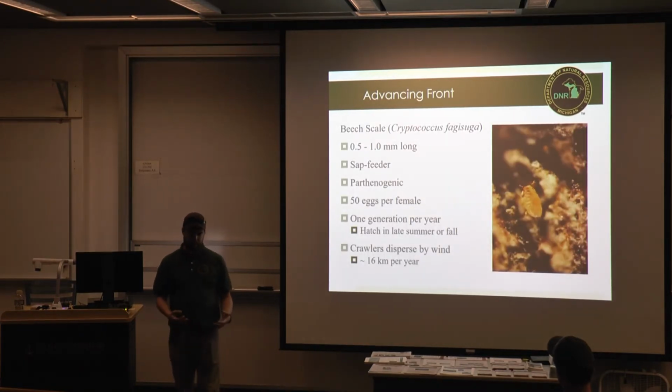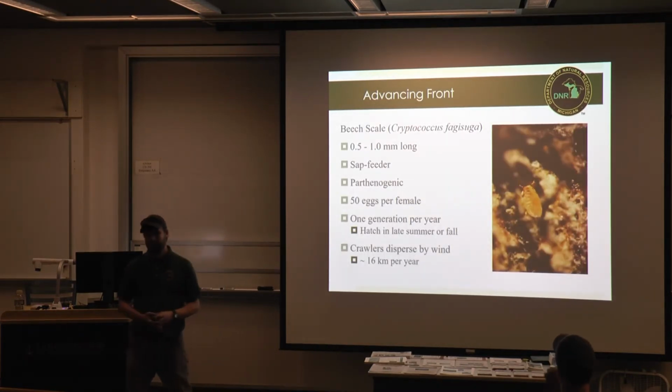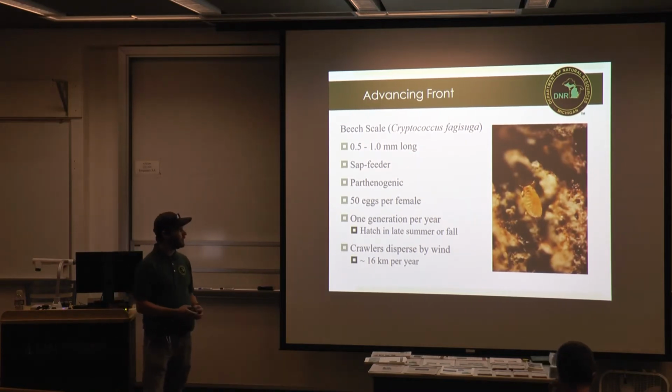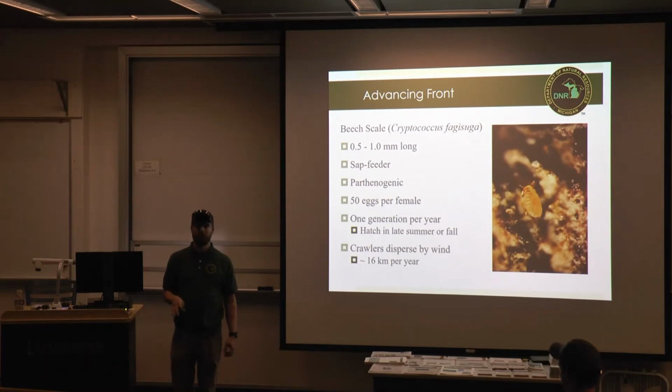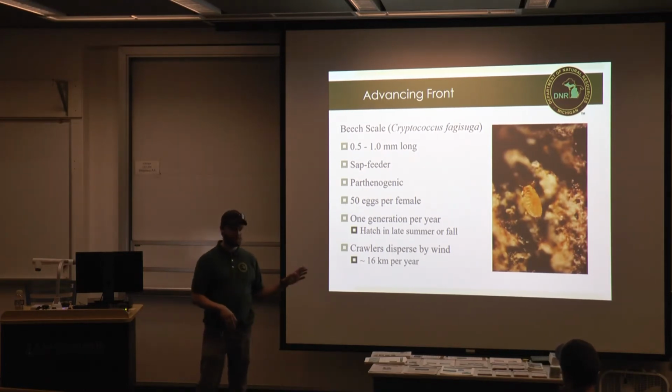The insect itself is very small, very hard to see without any kind of magnification. It is feeding on the sap, but it has a really short stylet, so it doesn't actually get to the phloem layer. It's somewhere in the middle. So a lot of insecticides, or systemic insecticides, do not work for beech scale.